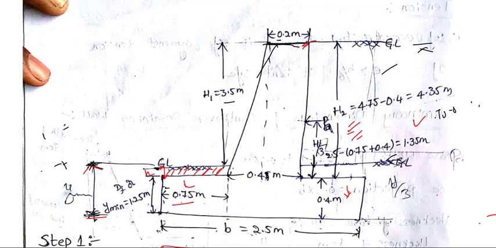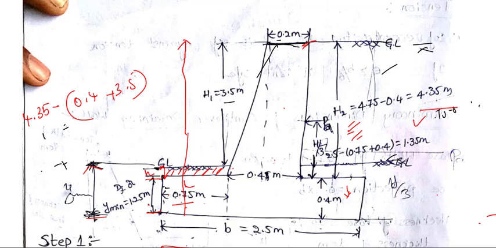What is the total height? 4.35. So 4.35 minus this one 0.4, minus 3.5. You understand? From the entire distance I deducted this 0.4 and I deducted this 3.5. So I will get this value, 0.85 meter.